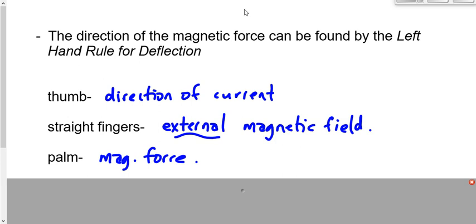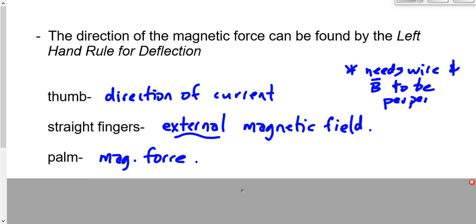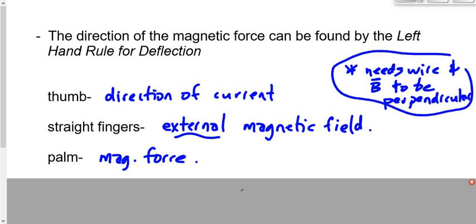Now this hand rule only works if the wire is perpendicular to the field. So if they're not perpendicular, you can't use the hand rule. But the good news is this. If they're perpendicular, you can use the hand rule.